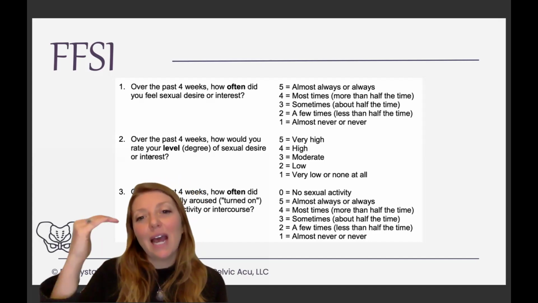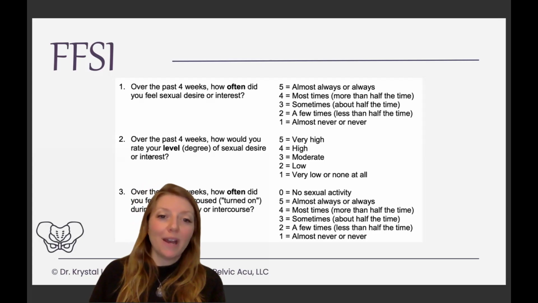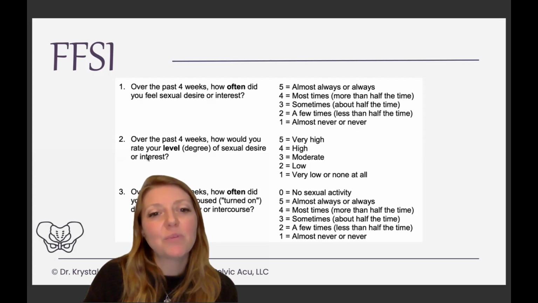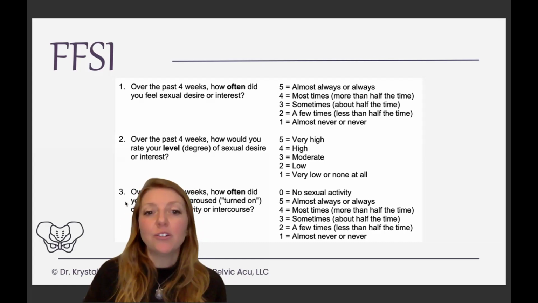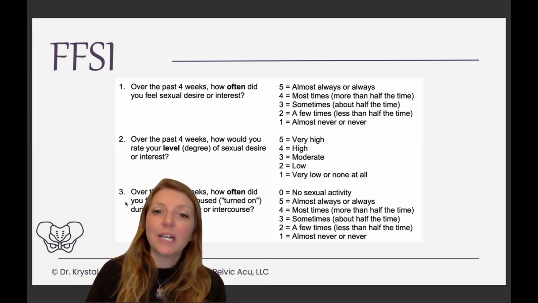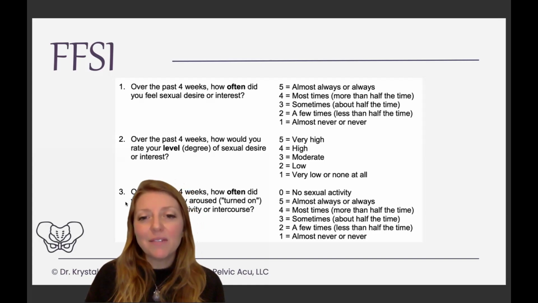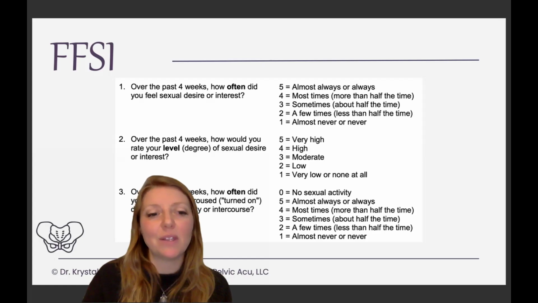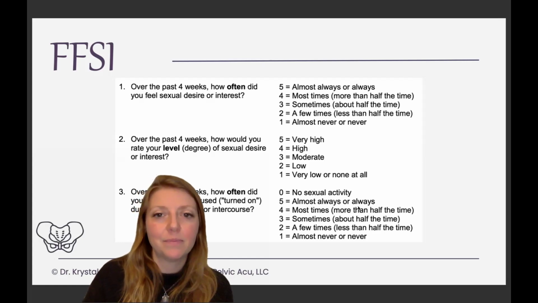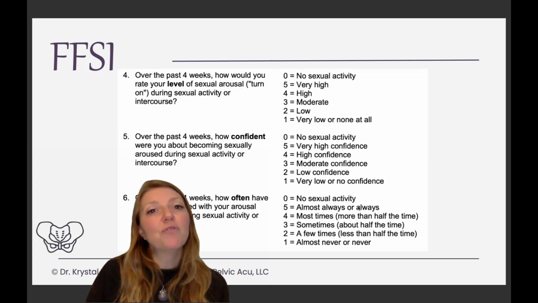So 5 is very high, where 1 is very low or none at all. Next question we're looking at is, how often did you feel sexually aroused during sexual activity or intercourse? This one does have a 0, and that is no sexual activity, which is essentially the same as leaving the question blank.